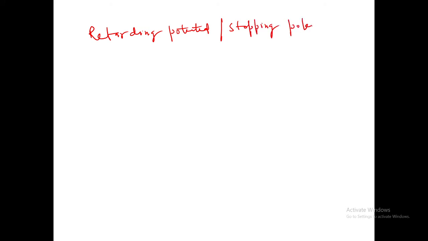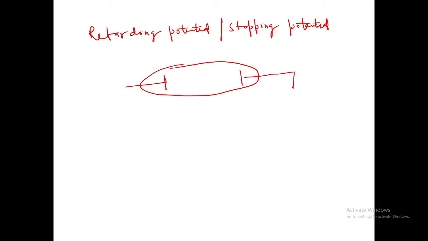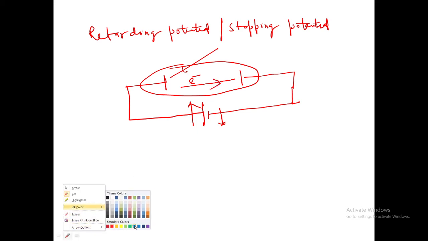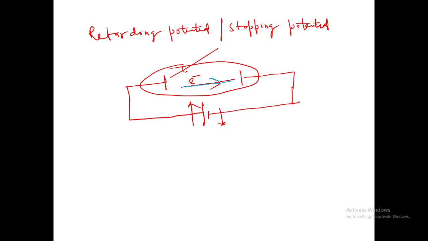And what is this? Suppose this is the setup and a battery is connected, a light is incident over it, electrons get ejected, and of course this is at high potential and this is at low potential, so the direction of electric field will be from left to right, from high potential to low potential.